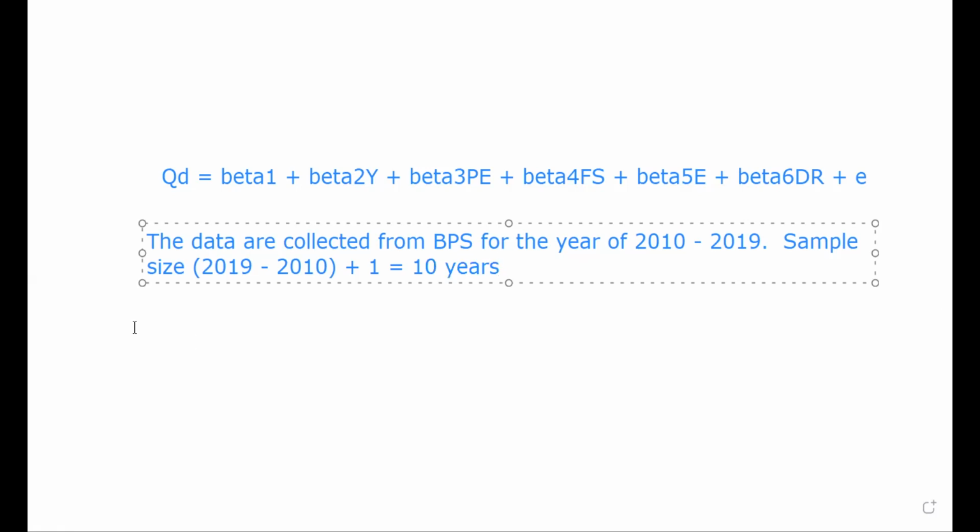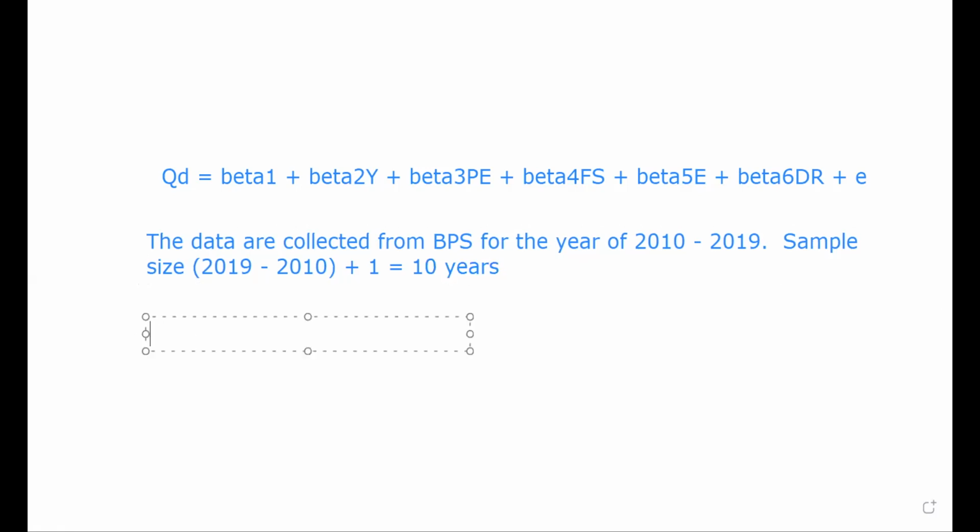So our degree of freedom for our model is n minus k. That means n is 10 years minus k. We have k equal to 7, 6, 6 here. That means we have a degree of freedom of 4 here.